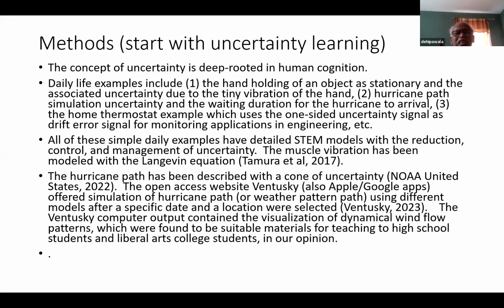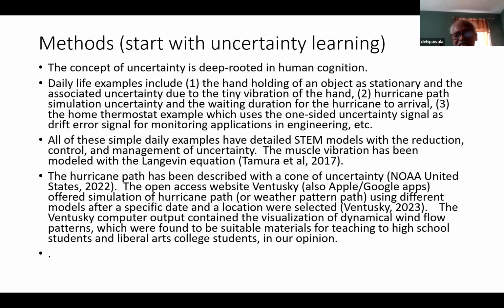I know the slides look very long, and I don't really go over all the material here. The first thing is that the concept of uncertainty is well known. In daily life, for example, holding an object in a stationary place has certain uncertainty. It can move up and down.